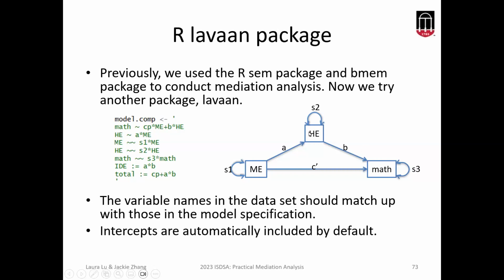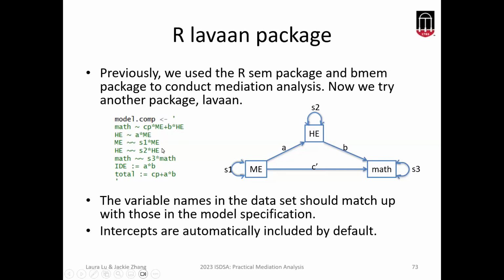We also have HE. HE is influenced by ME, so we have a coefficient defined here, A, and ME. We use tilde. What does it mean? It's like the on in a regression; it is for a regression model. And then here we have double tilde. What does that mean?